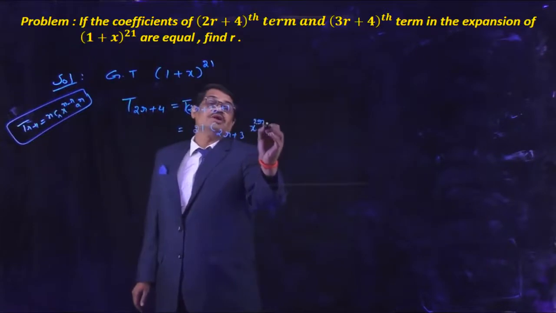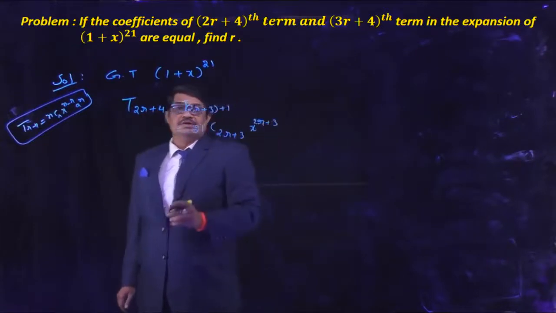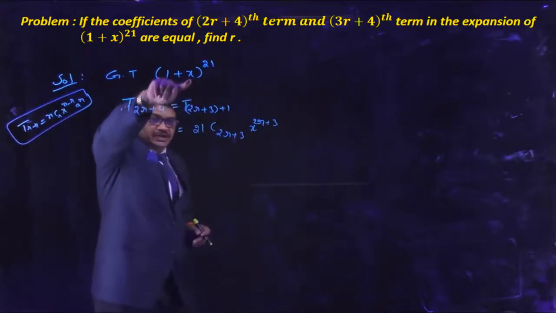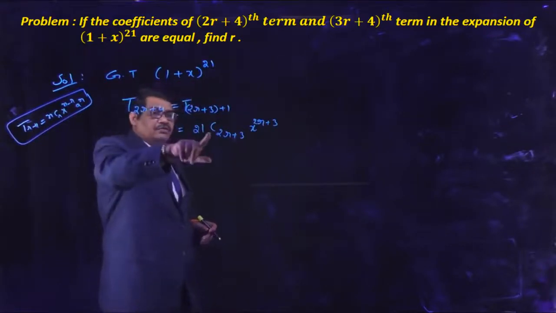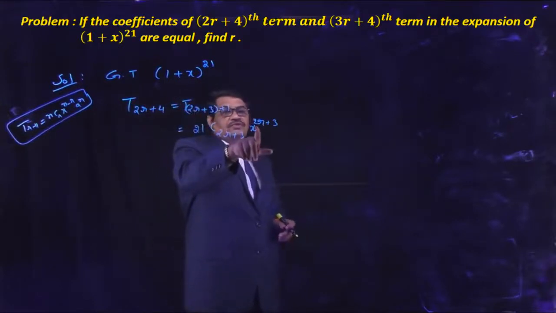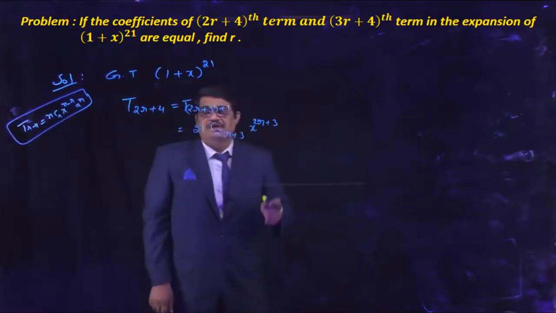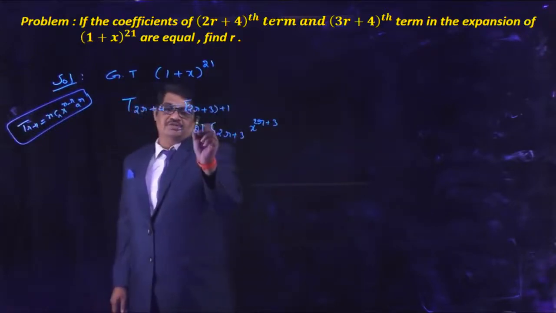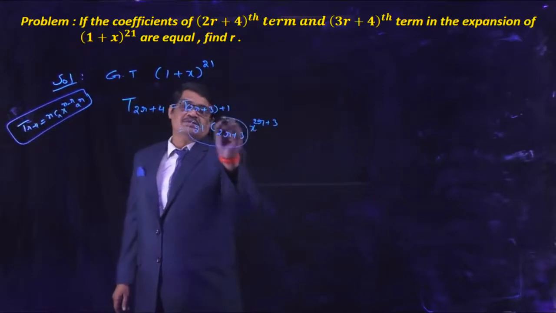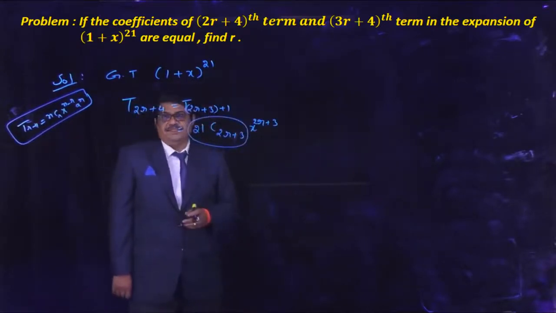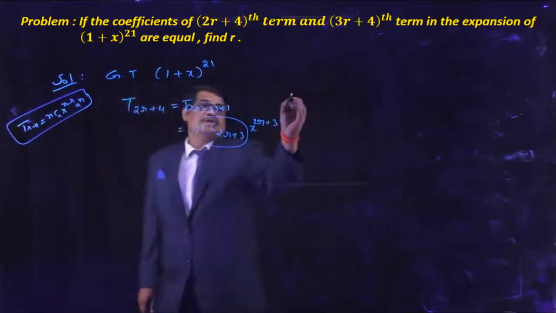So T r plus 1 is 21C(2r plus 3) x to the power of 2r plus 3. That is the 2r plus 4th term. Here we have taken the coefficient, so the coefficient here is 21C(2r plus 3).